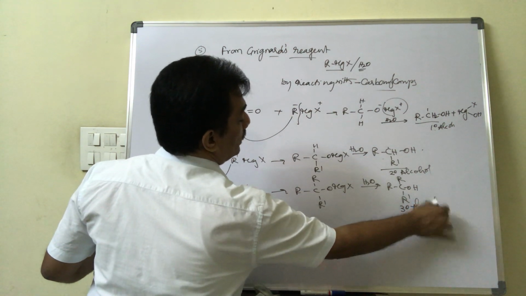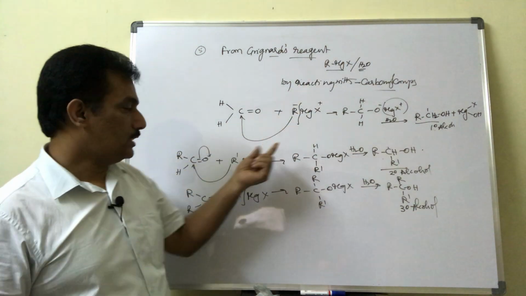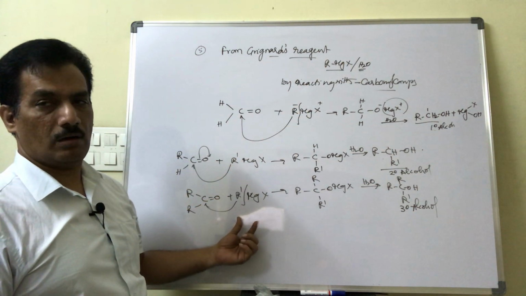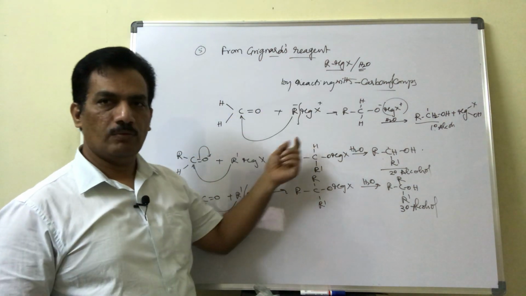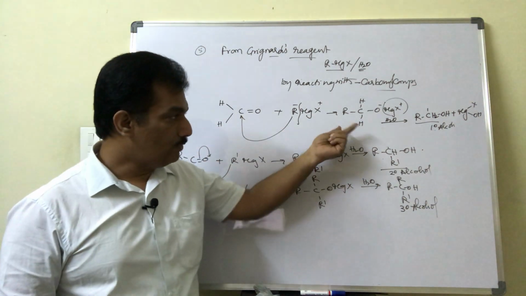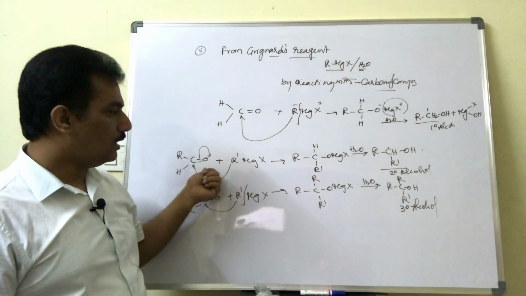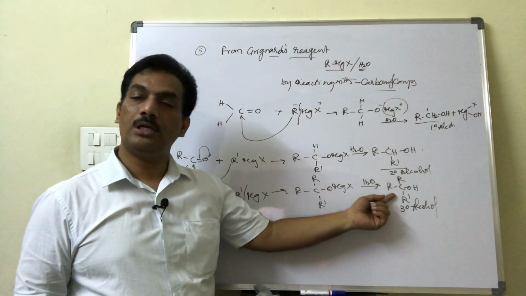Just remember, in case of reduction, formaldehyde forms methanol, other aldehydes form primary alcohol, and ketones form secondary alcohol. But here when the reagent is Grignard reagent, formaldehyde gives primary alcohols, other aldehydes give secondary alcohols, and ketones form tertiary alcohols.